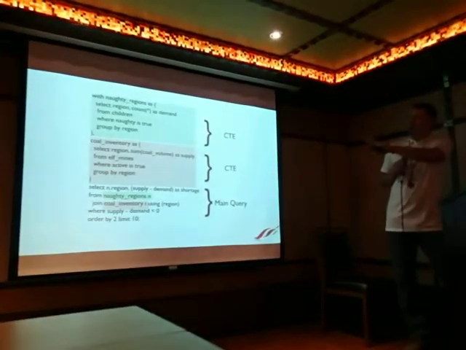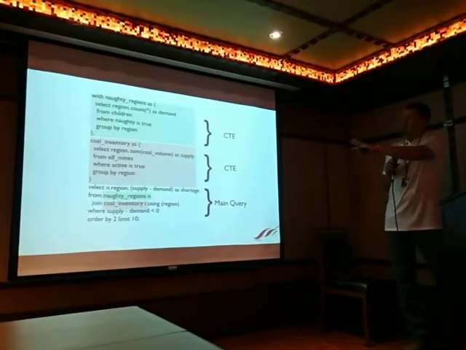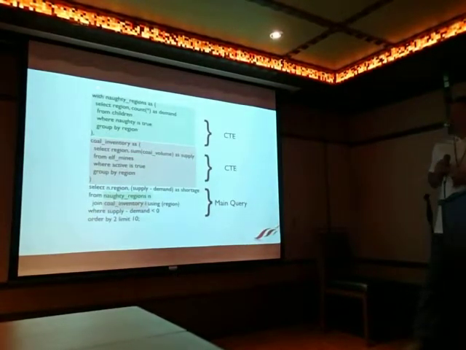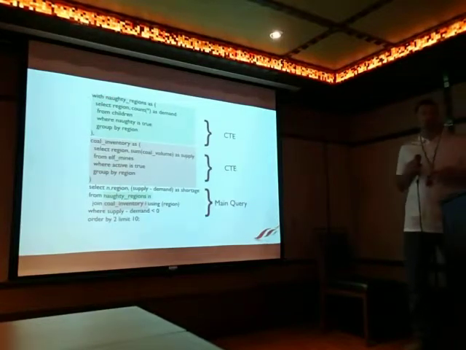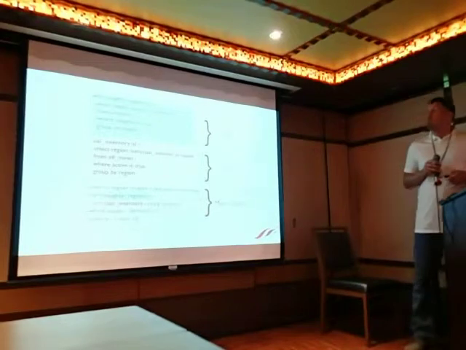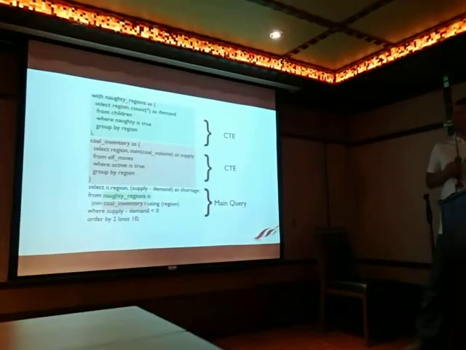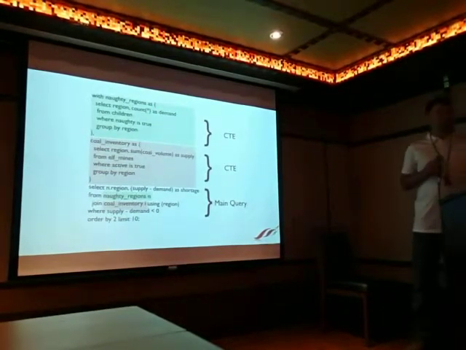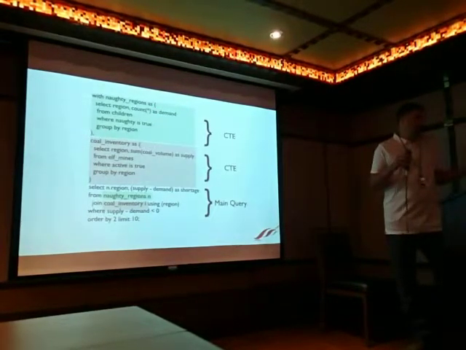So in this top box, we're defining a common table expression. That starts off with this WITH clause. Following any WITH clause, you can have a sequence of common table expressions. These are defined by naming the common table expression, then AS, and then inside the parens you have a full query, just any type of query.